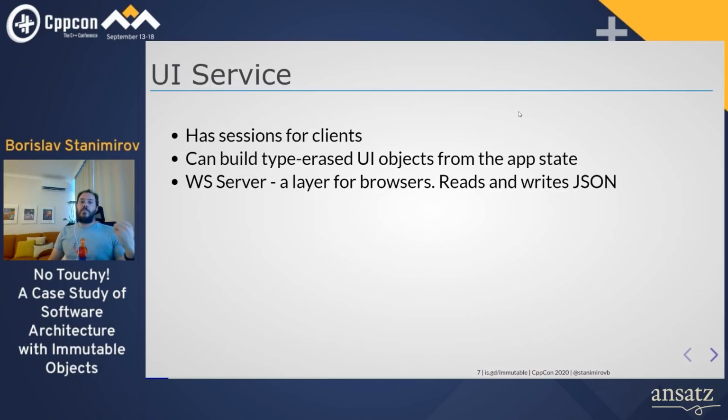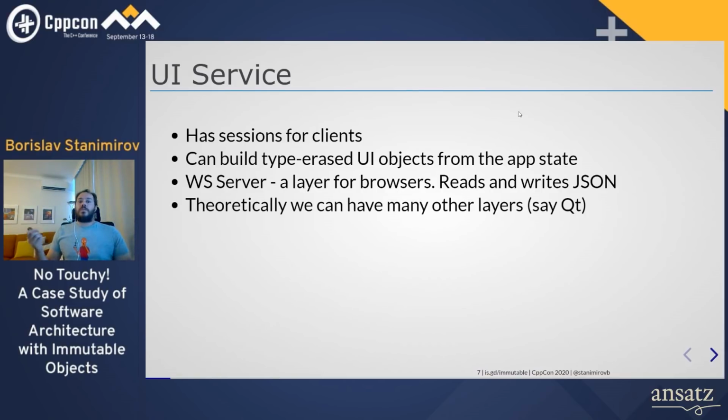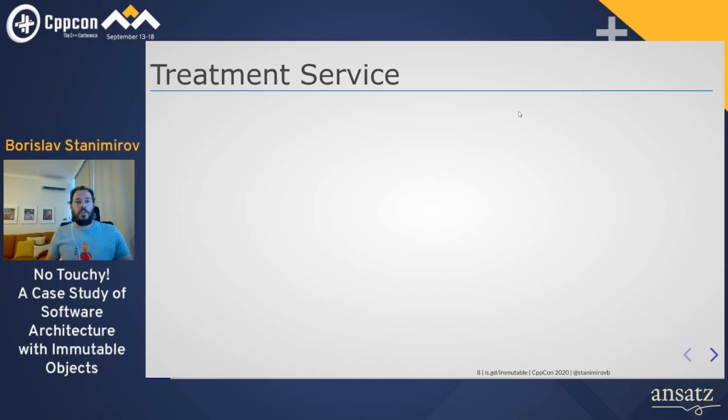It translates the type-erased UI objects to JSON and receives commands from the browser through JSON again. But theoretically, we could create another module which builds Qt objects from the UI objects, and we can have a Qt GUI. We don't right now, but it's possible.